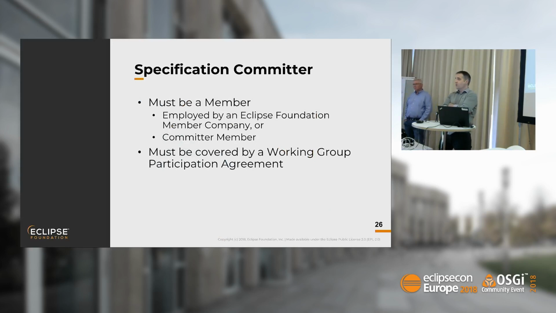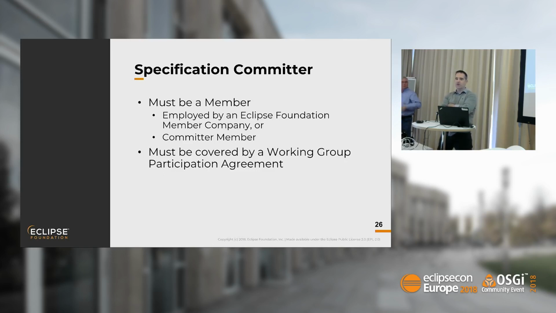Specification committers. Now with specifications we have a few differences. So it's basically everything that a committer is on a regular project, but the committer must be a member of the Eclipse Foundation. Now to do that, the committer must either work for a member company or must themselves sign our member agreement as an individual committer. There's just some legal cover that comes with that.